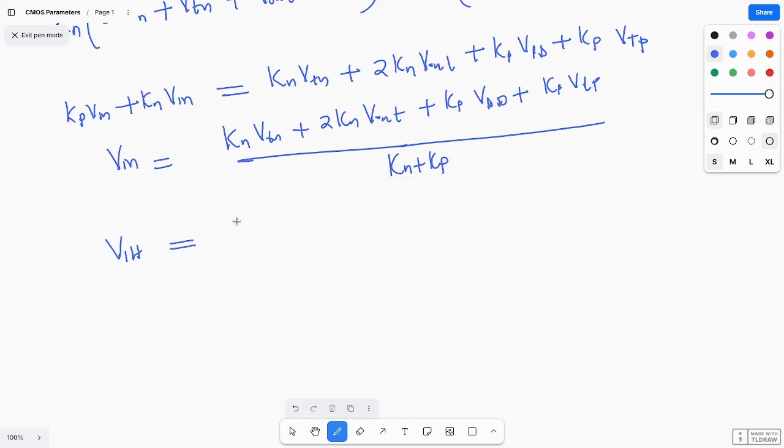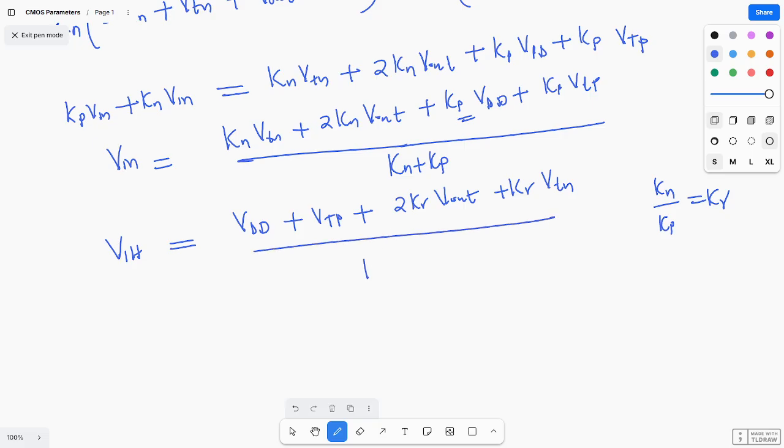First you write VDD plus VTP, anyway Kp cancels. Next, Kn by Kp I am considering as Kr. So this is 2Kr V out plus VDD plus Kr into VTN, divided by 1 plus Kr. So this is what you got for VIH.